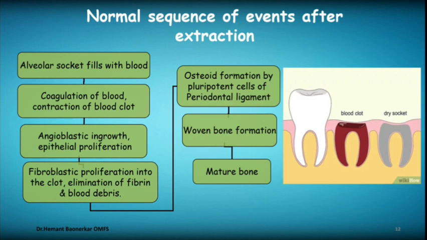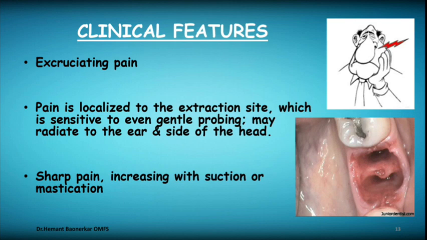At this extraction site, the blood clot and other inflammatory cells help in the formation of woven bone and the natural form of the extraction alveolar socket. So if this process does not go well after extraction, there is a chance of dry socket formation.